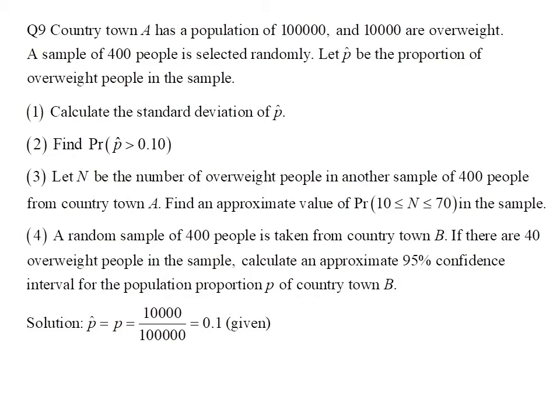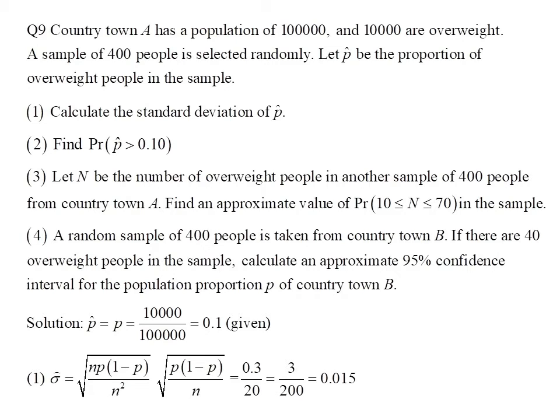Because the sample size is also quite large, the sample proportion distribution has an approximate normal distribution, and its standard deviation can be calculated using the formula as displayed here. The calculated result is 0.015.